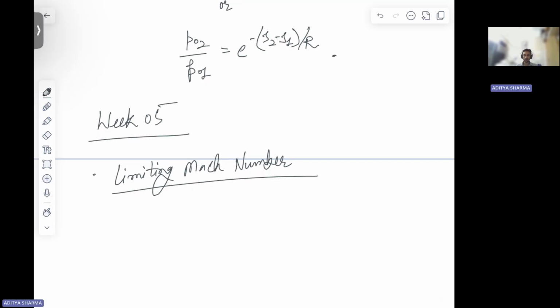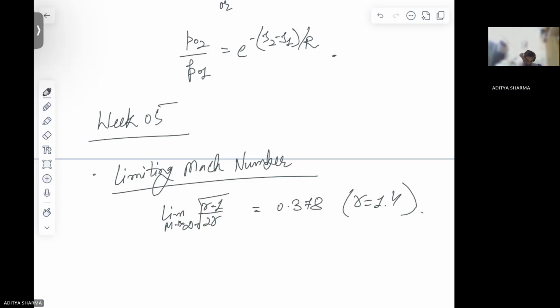So for this, we have a limit. For gamma equal to 1.4, which corresponds to air, your limiting Mach number is 0.378.